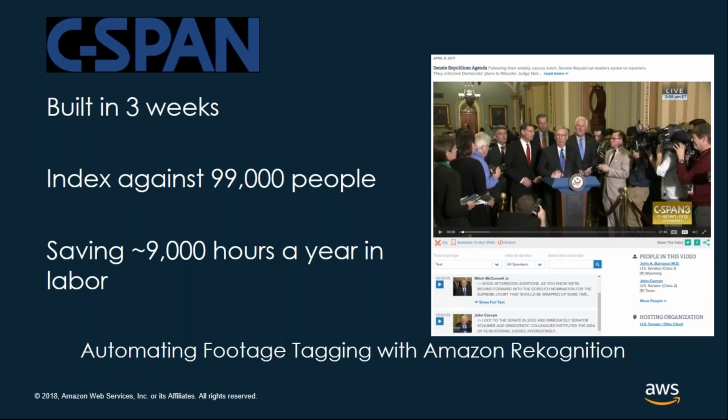They have their own database that they've created with 99,000 known politicians, and Rekognition is able to match the faces in the frame against that database and, when there's a match, tag it and automate this whole process. Because they're just using simple API calls into that pre-configured Amazon model that's been trained in Rekognition, they were able to build this application in only 3 weeks.